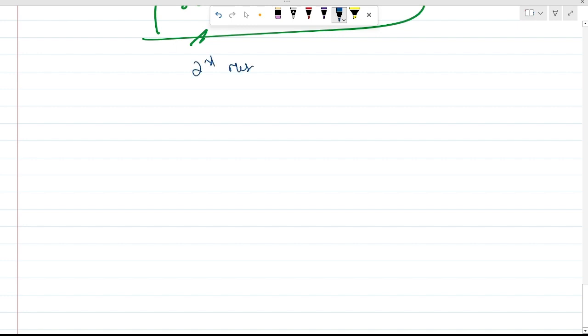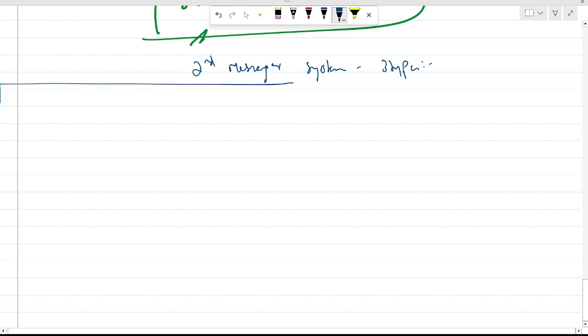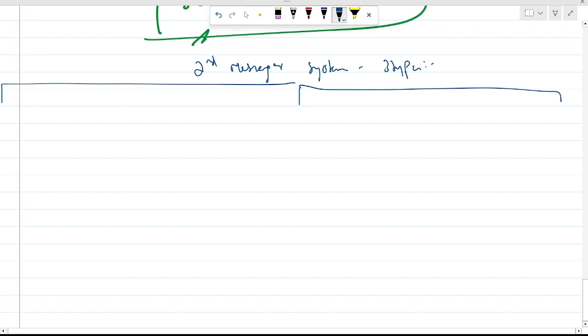Second messenger system is generally of 3 types. The first one is cyclic AMP, adenosine monophosphate. The second one is cyclic GMP, guanosine monophosphate.